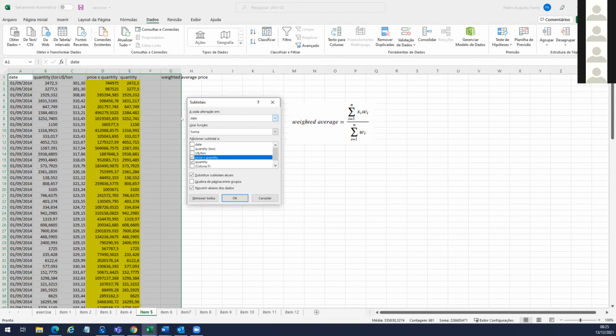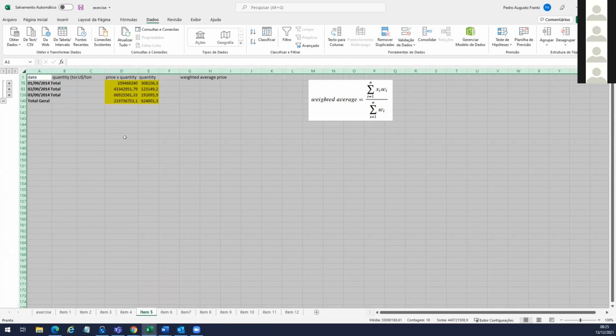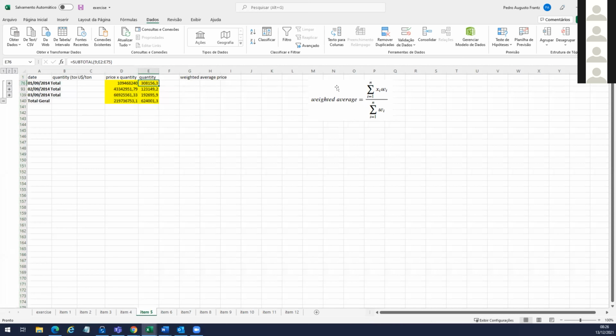For each alteration in date, the formula takes the sum of the price, quantity, price times quantity, and quantity, and shows it. On the left here, we have 3 points of aggregation. I will choose the second point, and we will aggregate the sum of price times quantity by day. This is needed for our calculus. I have a sum by day of price times quantity and quantity. In this formula, the sum of price times quantity is the numerator and the sum of quantity is the denominator.